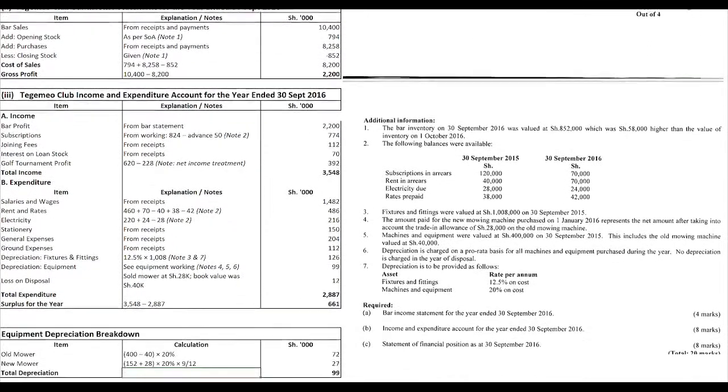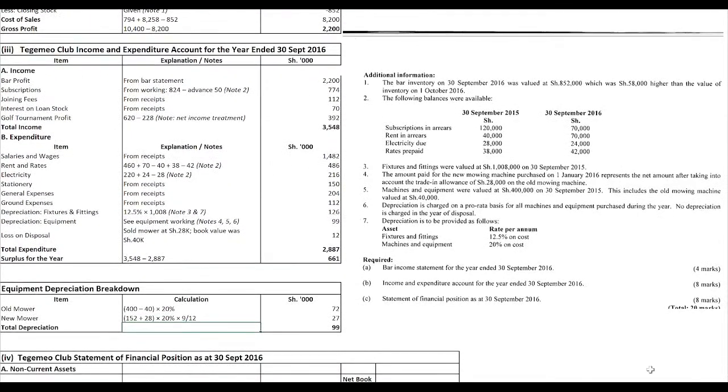So for the equipment, we have been given in note 4 the amount paid for the new mowing machine purchased represents the net amount after taking into account the trade allowance of 21 on the old mowing machine. So then we are told machinery and equipment was valued at 400 on 30th September, which includes the old machine valued at 40.